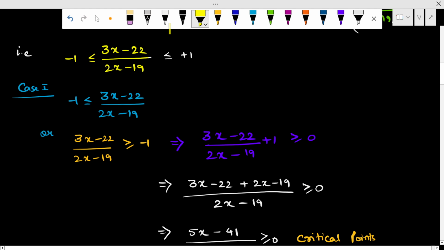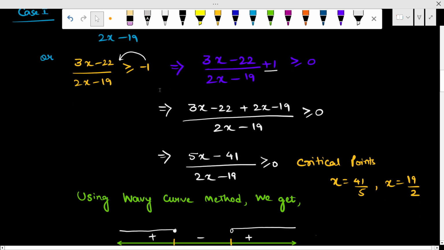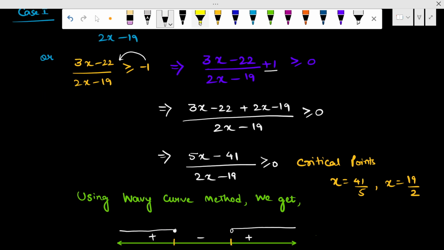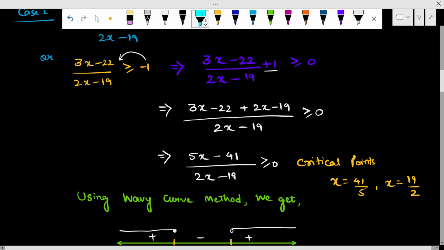And if this minus 1 is shifted over to this side, this becomes plus 1, and then we take the LCM and solve. Now 3x plus 2x will be 5x, and minus 22 minus 19 will be minus 41, right? And the denominator is as it is: (5x minus 41) by (2x minus 19) is greater than or equal to 0.